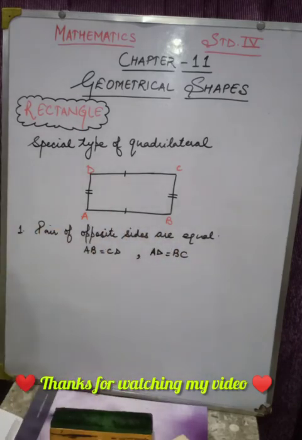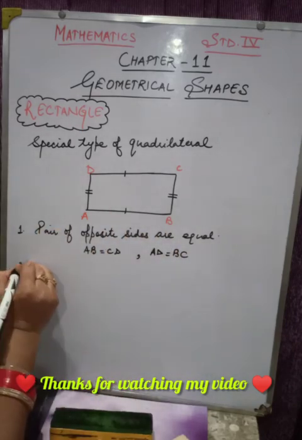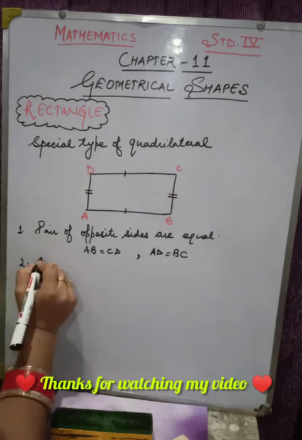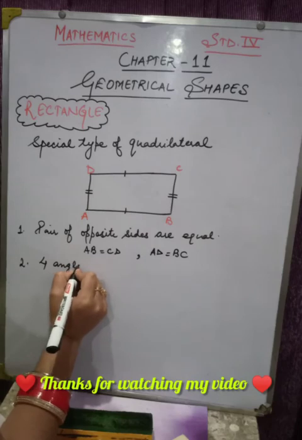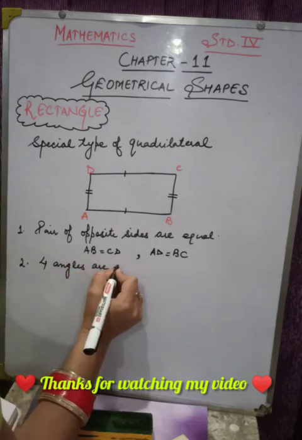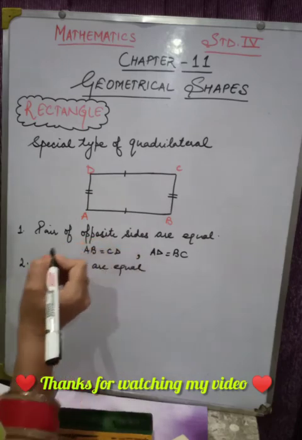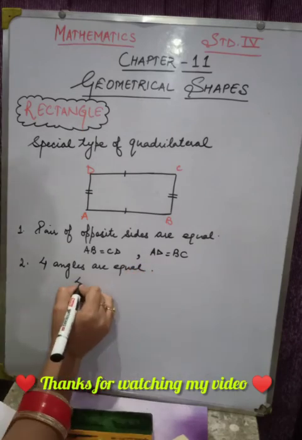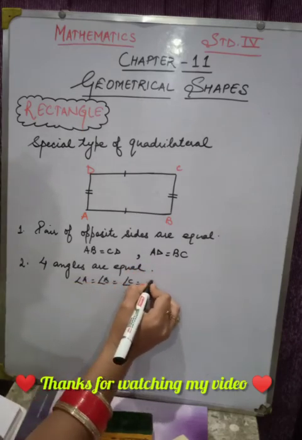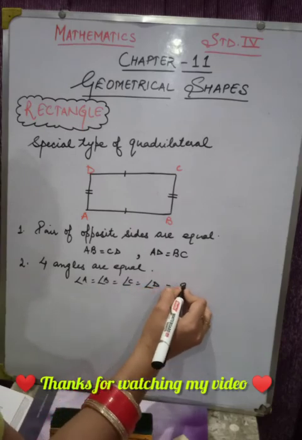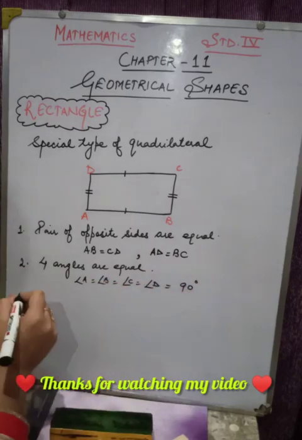So the next property is that the four angles are equal. Here also the four angles are equal. Angle A equals angle B equals angle C equals angle D, which is equal to 90 degrees.